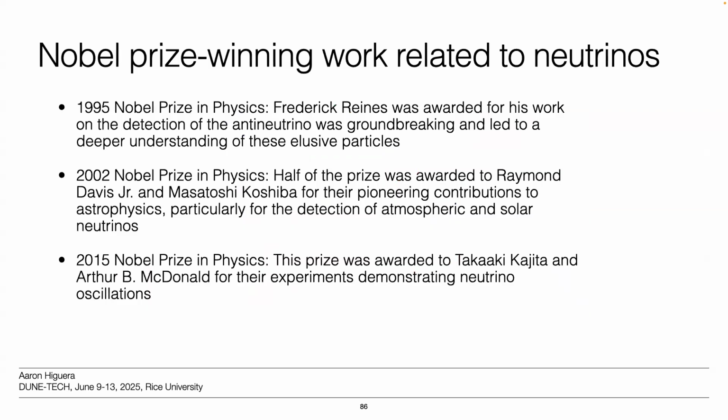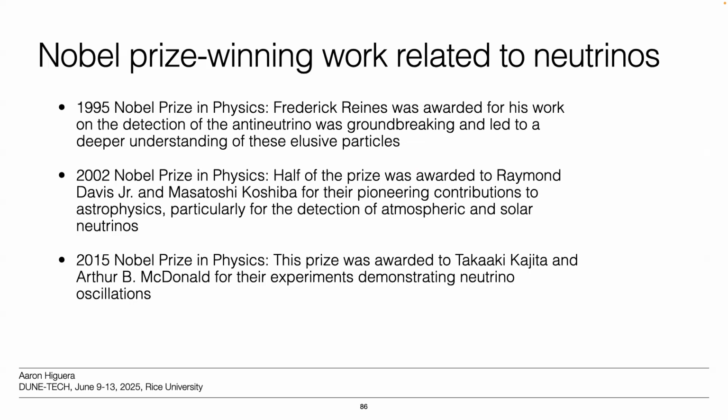And if I don't convince you, neutrinos are also very rewarding, because there have been 3 Nobel Prizes related to the neutrino. In 1995, the Nobel Prize was awarded to Reines, who worked on the detection of the neutrino. In 2002, the Nobel Prize was awarded to Raymond Davis and Masatoshi Koshiba for their contributions to the solar neutrino and atmospheric neutrino measurements.